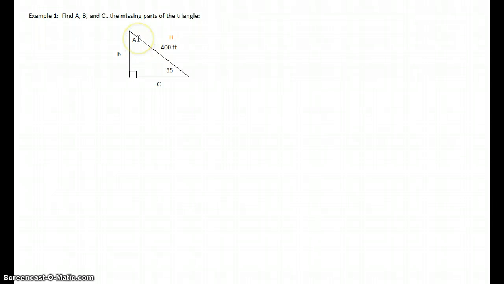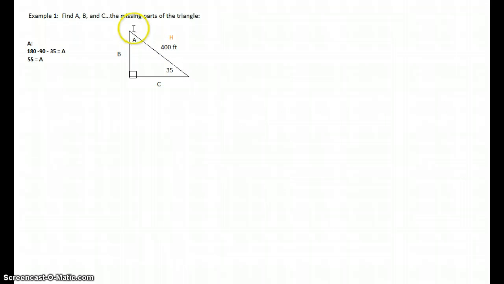Don't think too hard on this. What we have here is a triangle, and we know that all of the angles of a triangle add up to be 180. So to find A, I'm going to take 180 minus 90 degrees minus 35, and that's going to give me the missing piece.